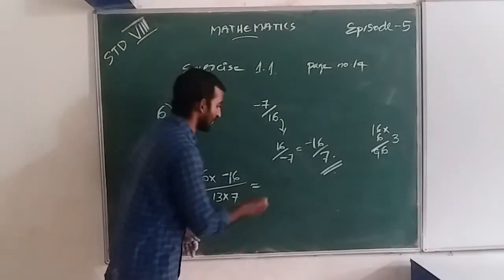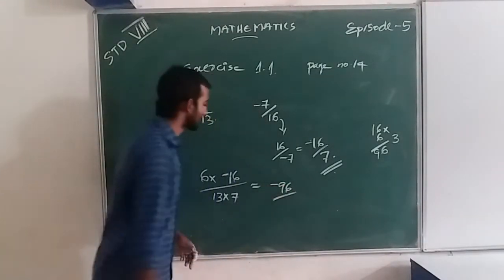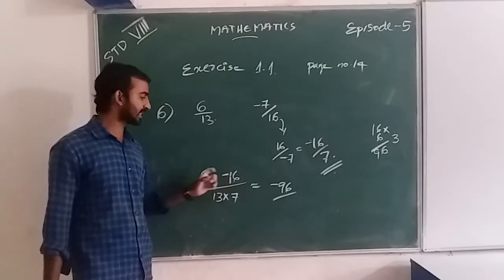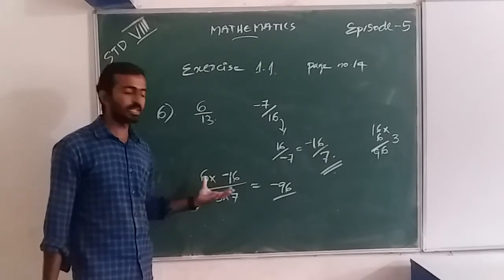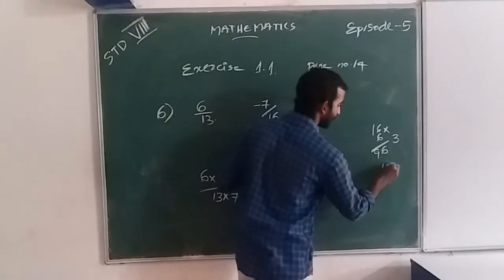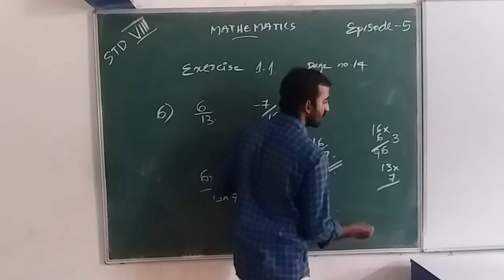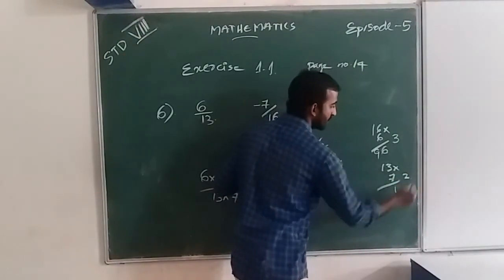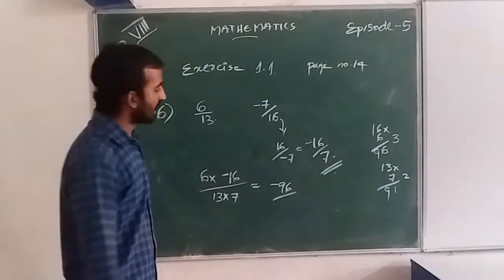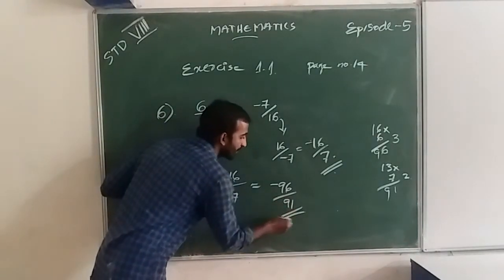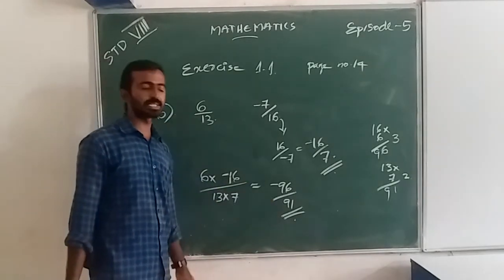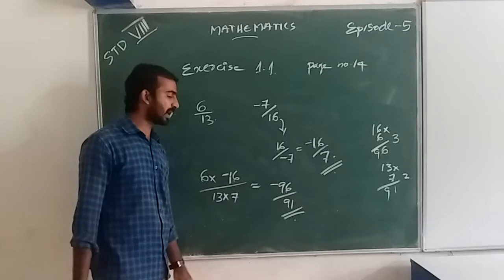The numerator is negative 96 because 6 is a positive number and negative 16 is a negative integer. When we multiply these two integers, we get a negative integer. And what is the answer of 13 into 7? 3 into 7 is 21, 2 is carried, and 1 into 7 is 7, so 91. The answer is negative 96 by 91.